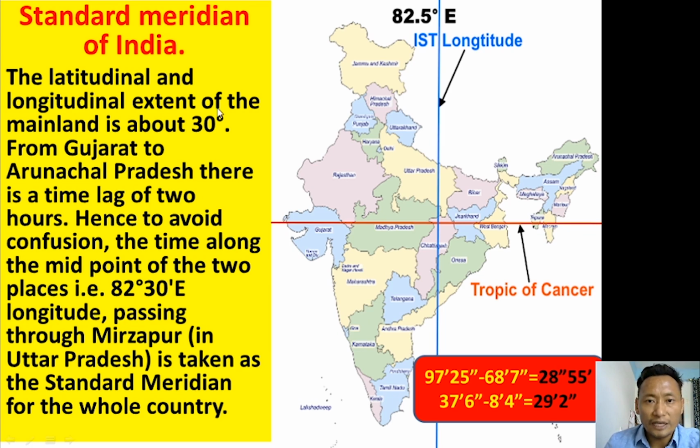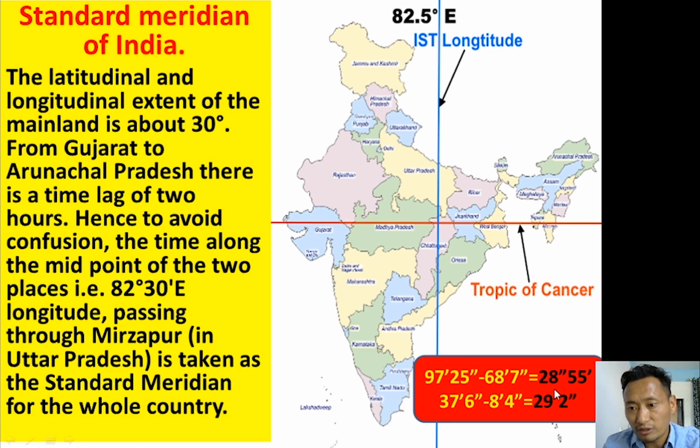The latitudinal and longitudinal extent of mainland India is about 30 degrees. The longitudinal extent of India is from Gujarat, which touches at 68 degrees 7 minutes east, to the easternmost point of India, which touches at 97 degrees 25 minutes east.